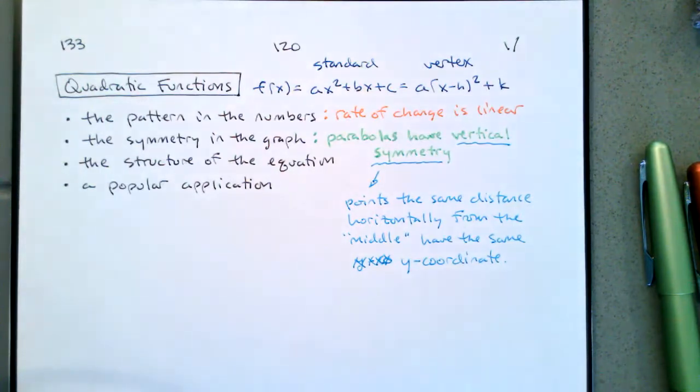That's what's going to give us that vertical symmetry. 1 unit away from the middle, we'll have the same y coordinate.